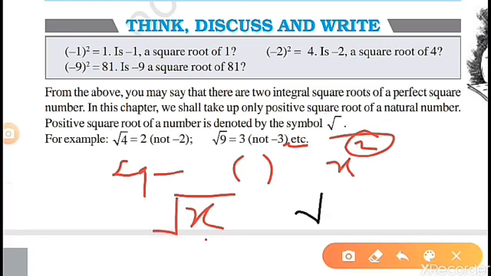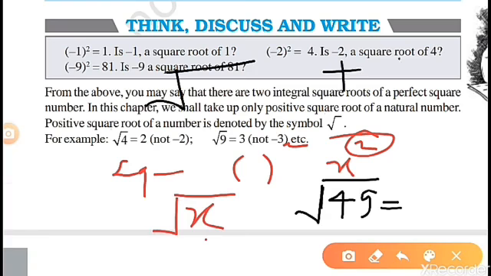This sign will be the sign of square root. For example, if we write the square root of 49, it will be read as square root of 49. It is an operation like addition, multiplication, division. Square root is an operation, and it gives us 7.